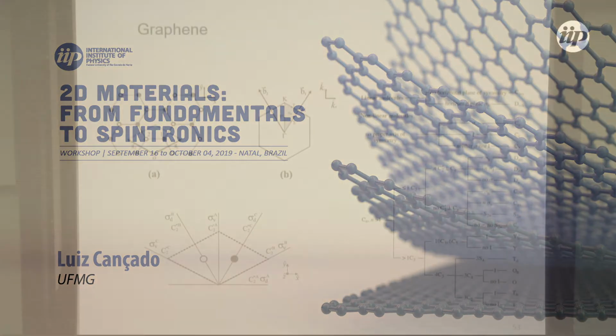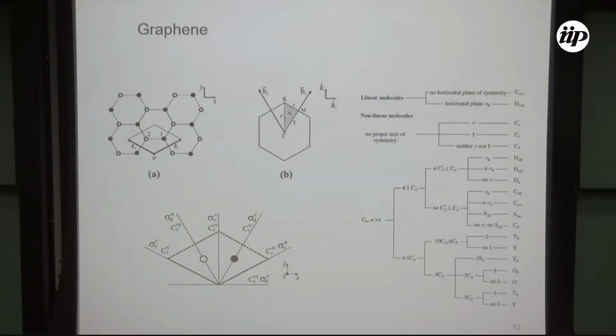Okay, so yesterday we went through some overview about the basics of group theory. I showed you how to construct a character table, how to read a character table, and now I will treat real systems.